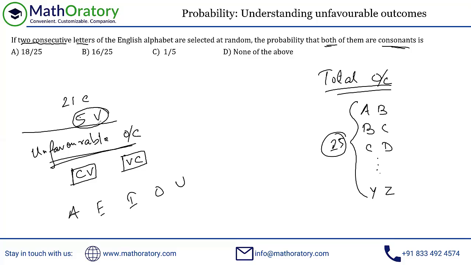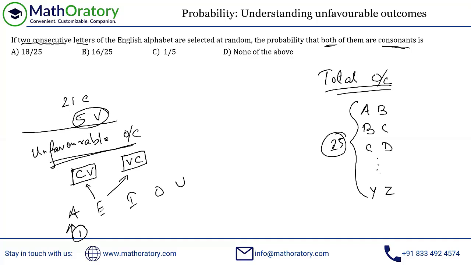Now, easy enough. Consider A. A can be followed by a consonant. So we can have an AB case, but we cannot have a case where a consonant is followed by A. That is not allowed, right? You don't have a letter preceding A. So there is just one case for this. For each of the others, E, I, O, and U, you will have one case of each of these types.